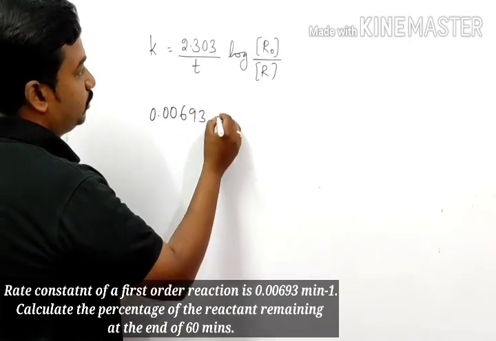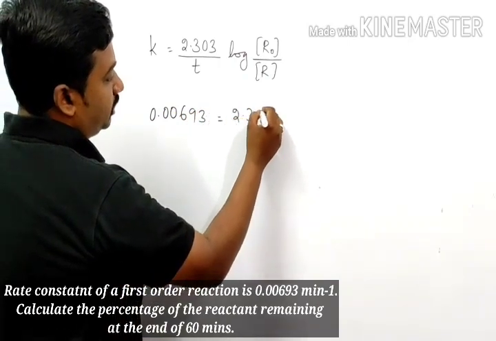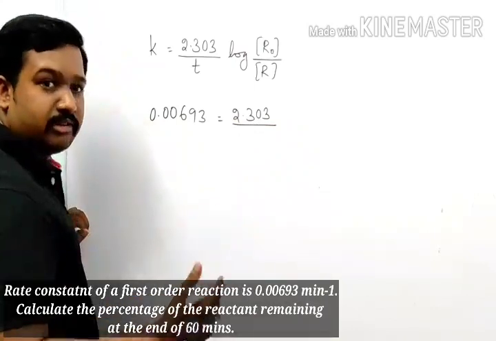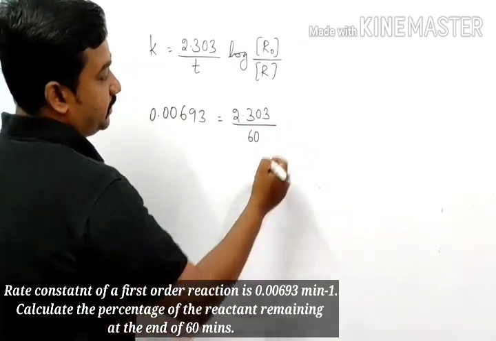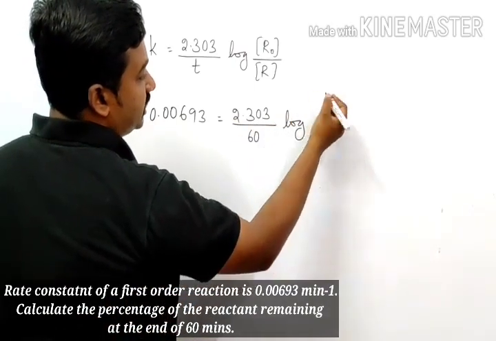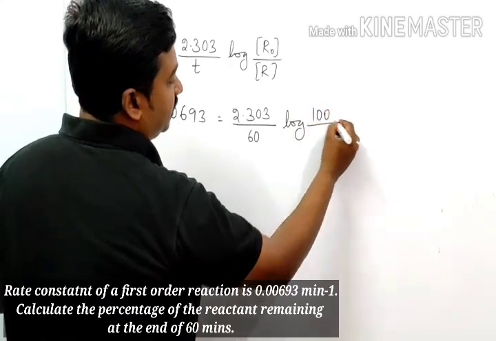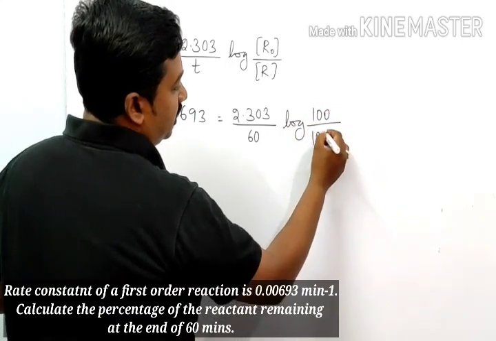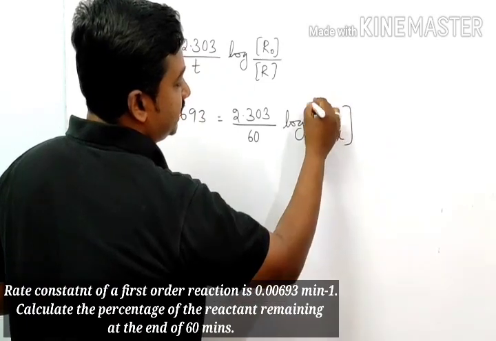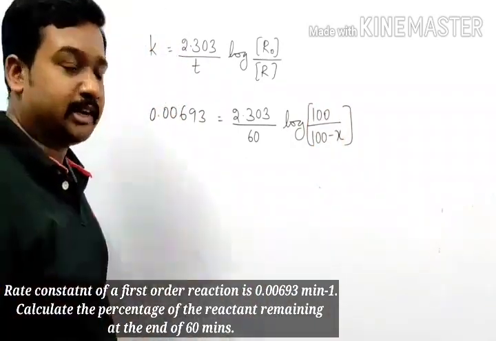Okay, we got the value of K, 0.00693, which is equal to 2.303 by time given is 60 minutes into log of concentration of R is 100 and R will be 100 minus X. Let us say X is the percentage of reactant completed.